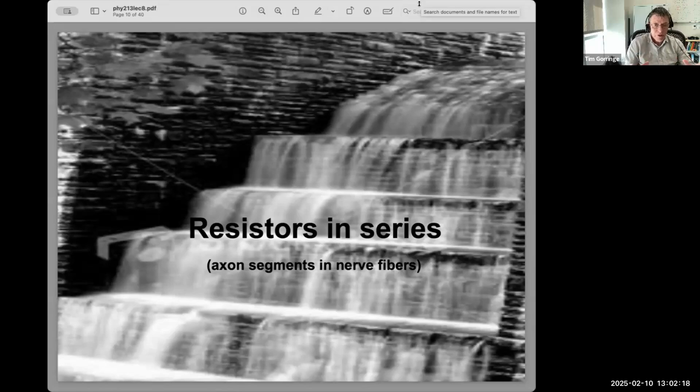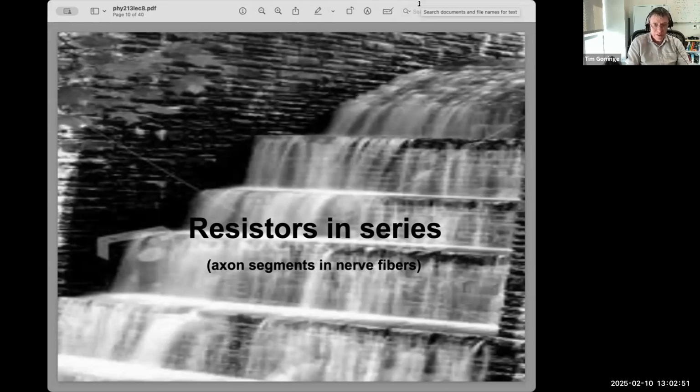Now let's move on to talk about resistors. I'm going to talk about resistors in an arrangement we call a series arrangement. I'm going to talk about resistors in an arrangement we call a parallel arrangement. We'll do resistors in the series arrangement first, and then we'll do the resistors in the parallel arrangement second. A natural example of resistors in series are the sections or segments of either the axon or the dendrites of a neuron.